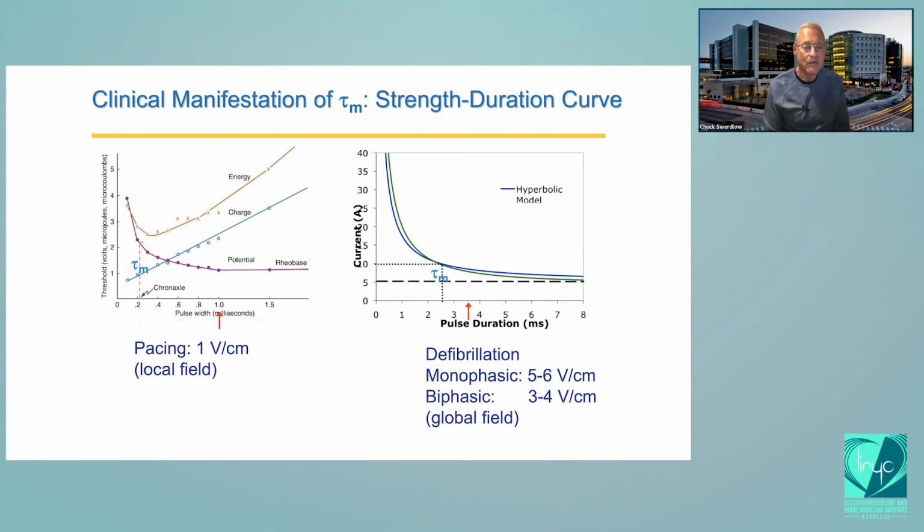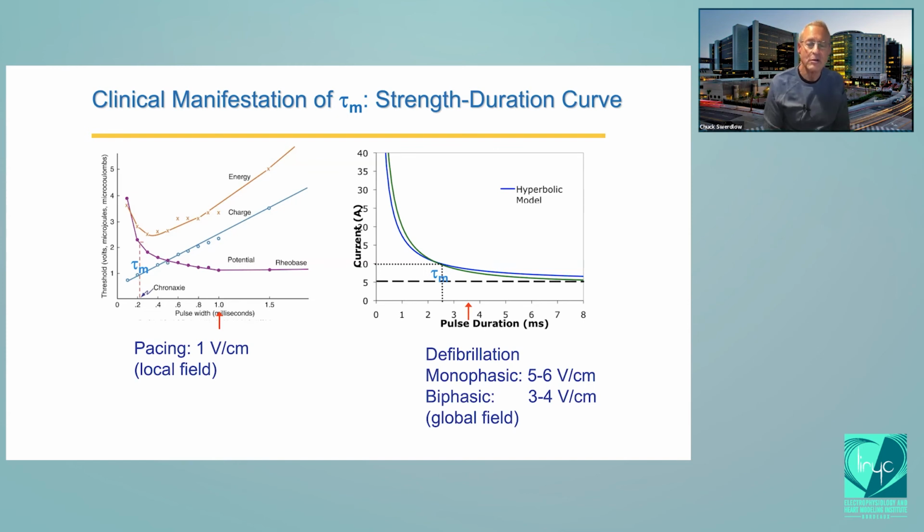Even though we deliver 10 million times as much energy in a defibrillation shock, the field strength required is only 3 times as big. Why is that? That's because in defibrillation, we have to have that field strength throughout the entire heart.